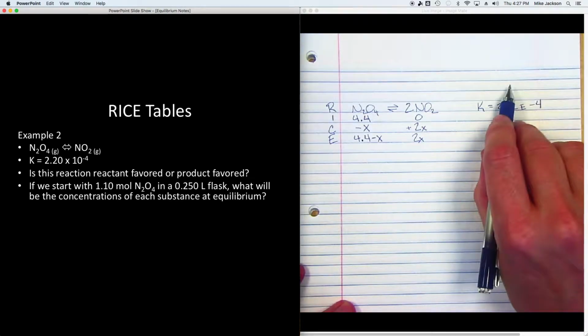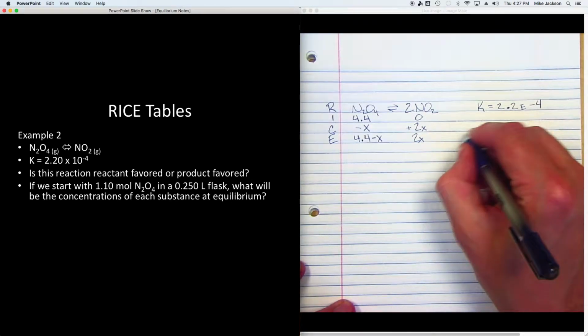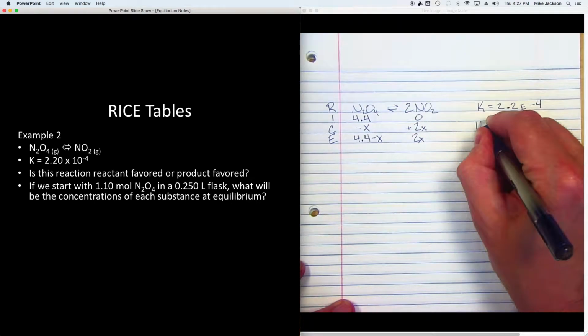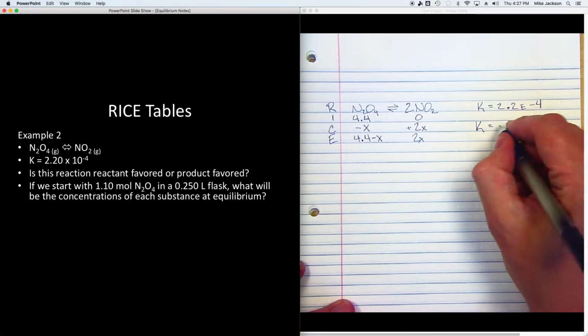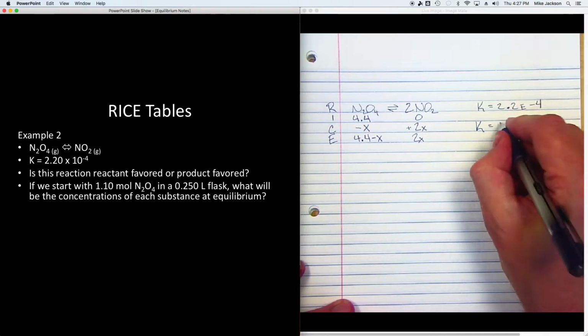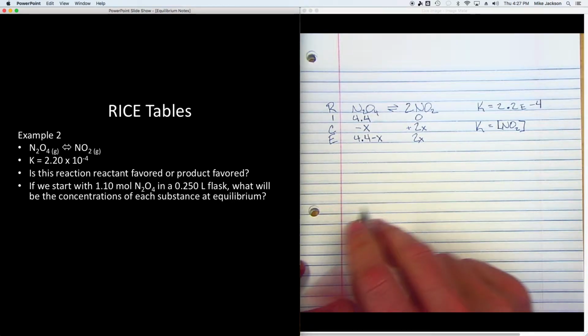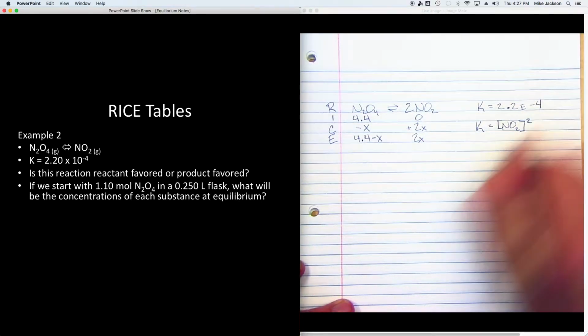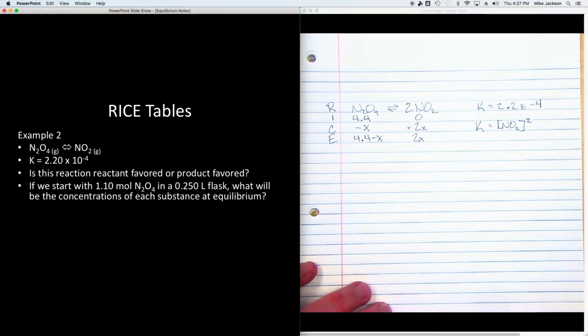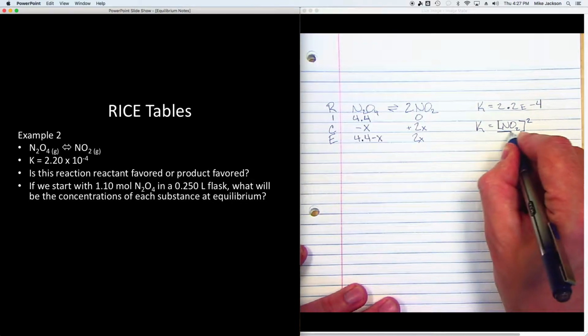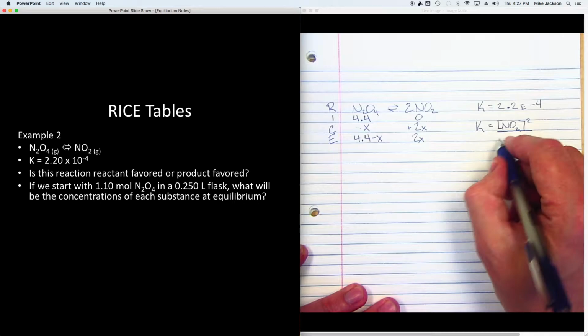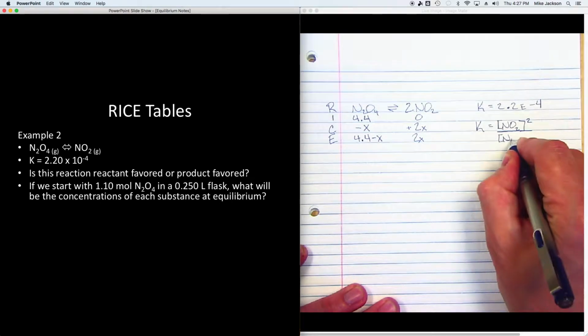So what I'll do now is I'm going to write out a K expression. And a K expression, remember, is no math. So K expression is our products, so the concentration of NO2. And remember, I write the stoichiometric coefficient as an exponent, so it's NO2 squared. And I'm going to divide that by our reactant, which is our N2O4.